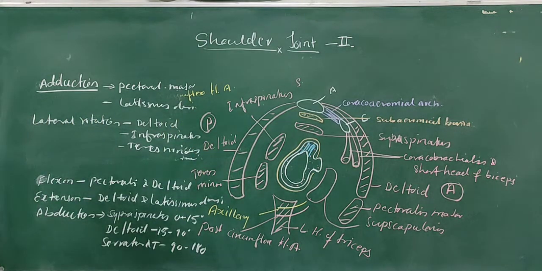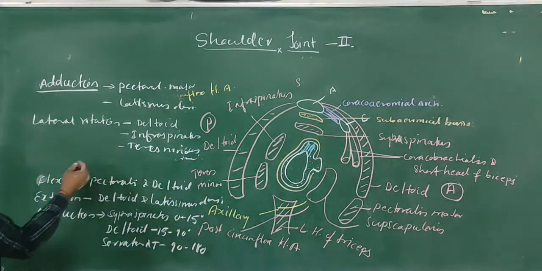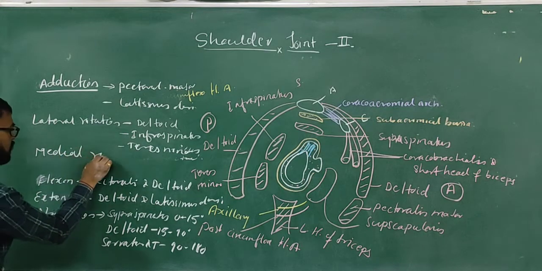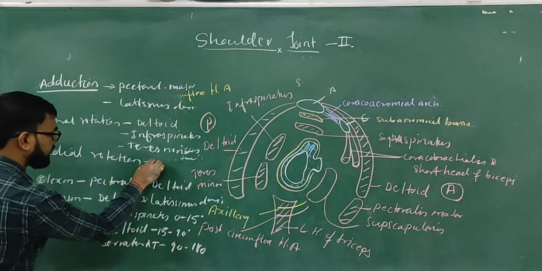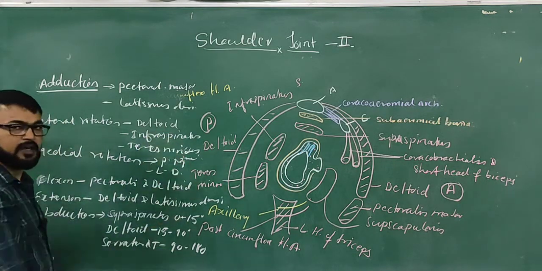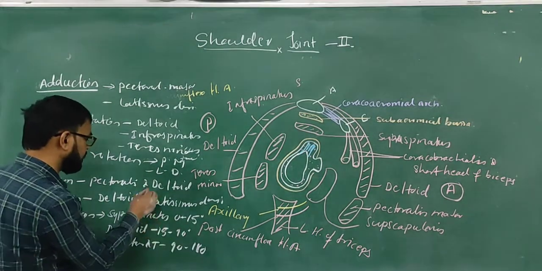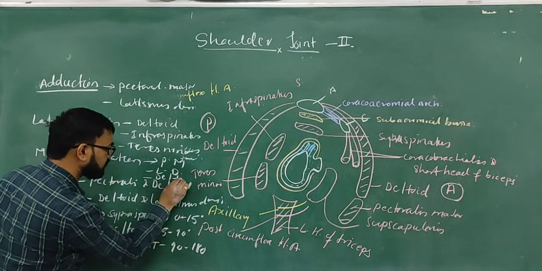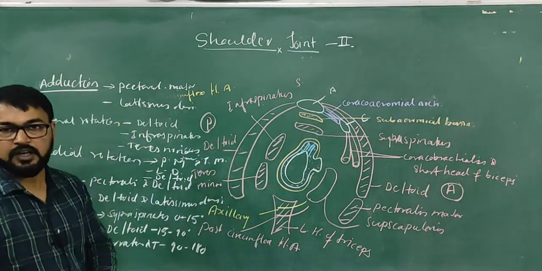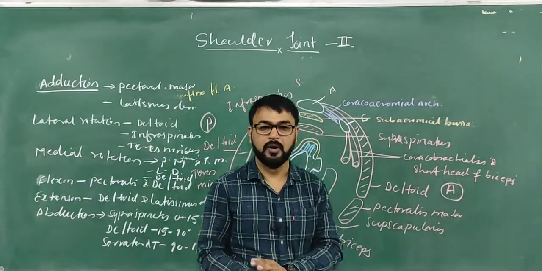Now the medial rotation: by the pectoralis major, latissimus dorsi, deltoid and teres major. So this is all about the shoulder joint part 2.